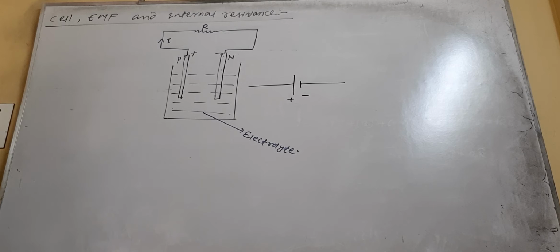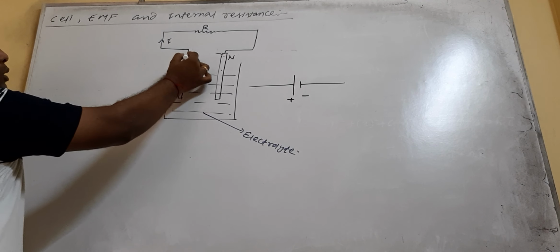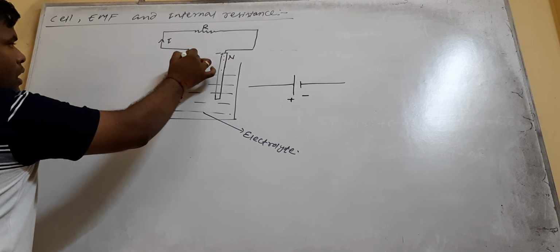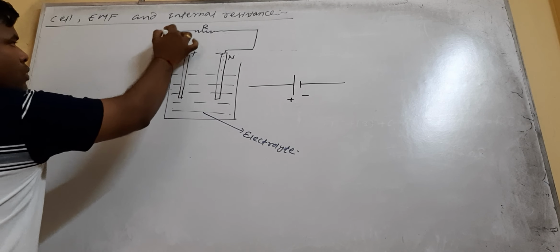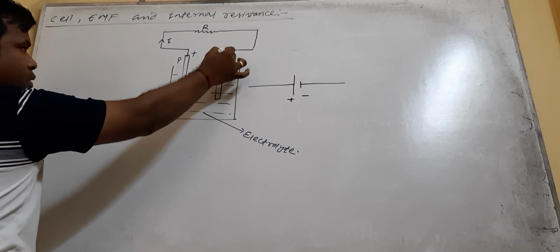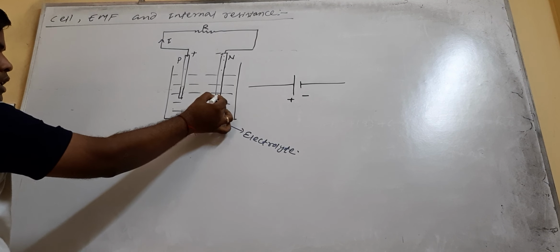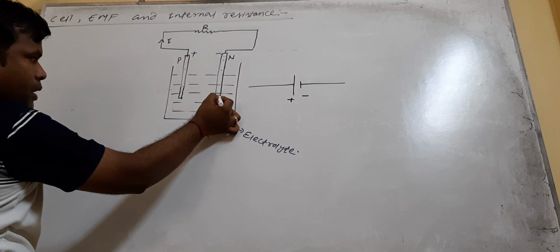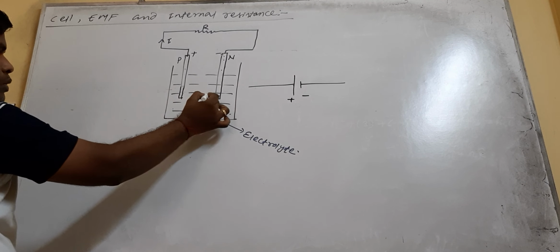Now you see, when the current goes from the positive terminal to the negative terminal of the cell through the external resistance, the current will not stop here. The current will flow from the negative terminal to the positive terminal through the electrolyte.